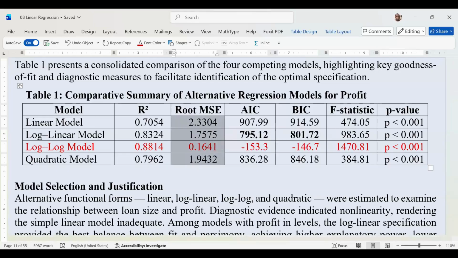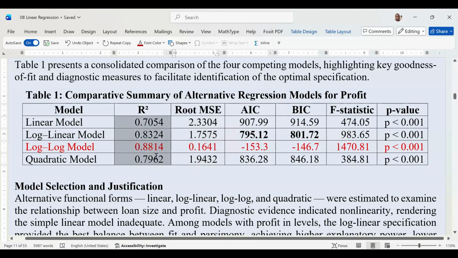The log-log model. The log model, where we transform the dependent and the independent variable. And also for the R squared, the model with the biggest R squared is the best. Which of the models gives us the biggest R squared? Log. Still log.